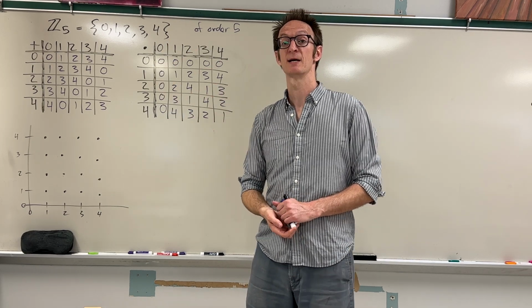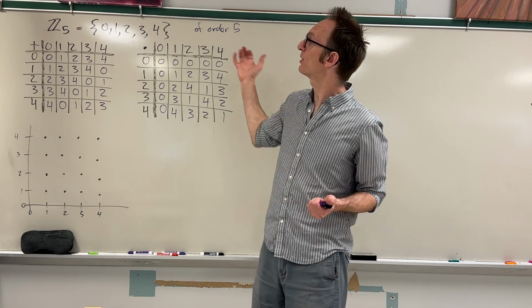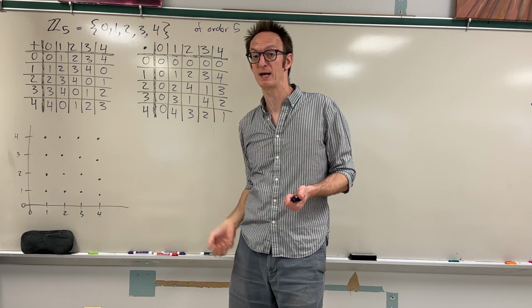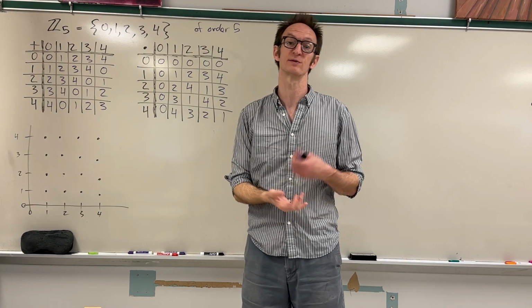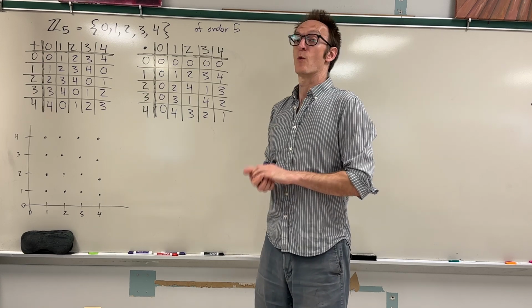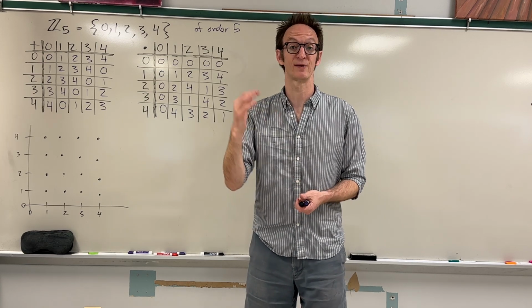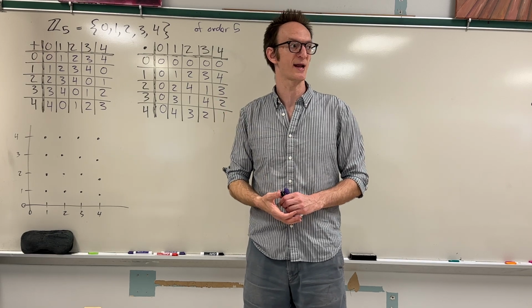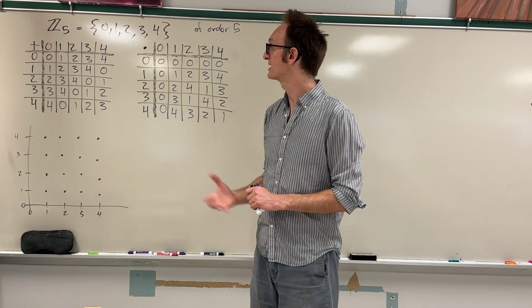And in fact, any other finite field of order 5 is essentially just this one. Possibly you've given the elements of that field different names, but they are basically the exact same structure. We say that they're isomorphic. Whenever there's a prime number, there is a finite field of that order, and one way to construct the finite field of a prime size is by doing it just like this.